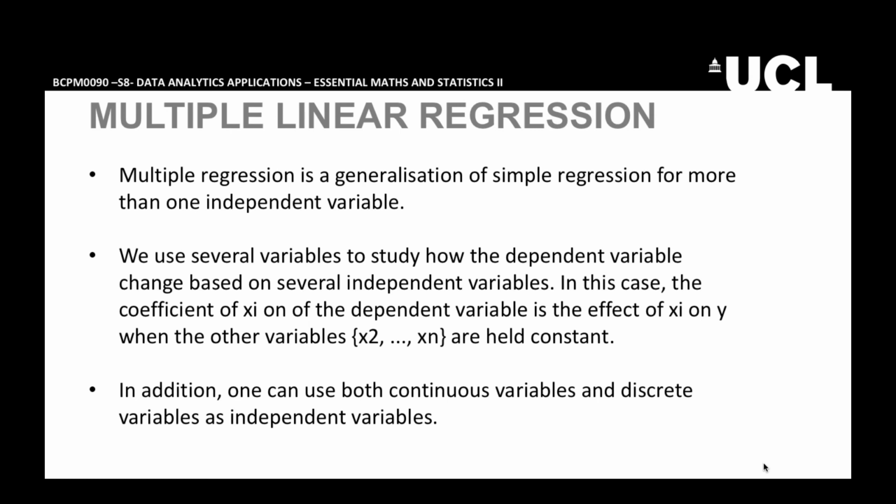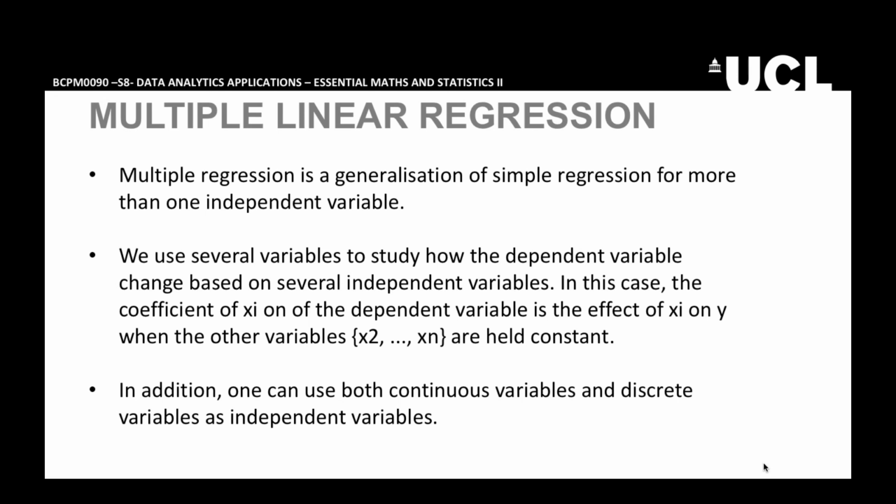Now we use several variables to study how the dependent variable changes based on several independent variables. In that case, the coefficient of x sub i on the dependent variable is the effect of x sub i on y when the other variables are held constant.